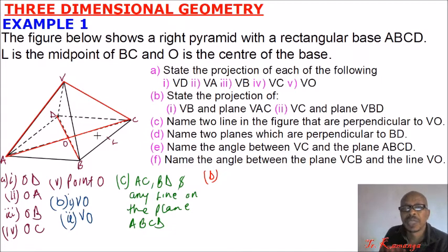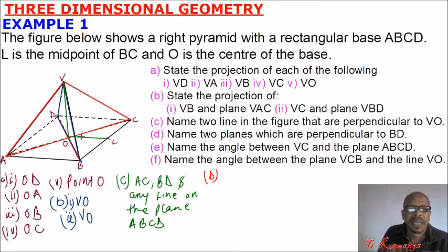We can also say VBD. This plane also is perpendicular to BD. That is VBD, like that. So those two are perpendicular. We can also say this plane is also perpendicular at the center, and that is VOL.